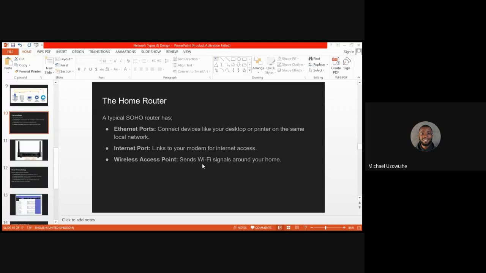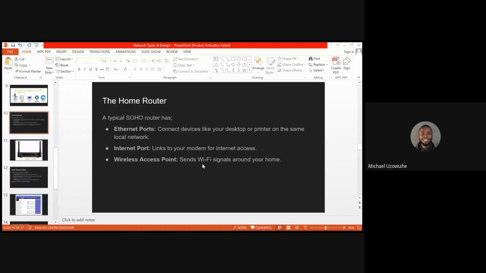When I talk about the home router, I just want to talk about three important components that come with it. First of all, we have the internet ports. The internet port is where you connect your devices, such as your printer, your laptop, whatever device uses a cable. Those places you plug them in are referred to as the internet ports.